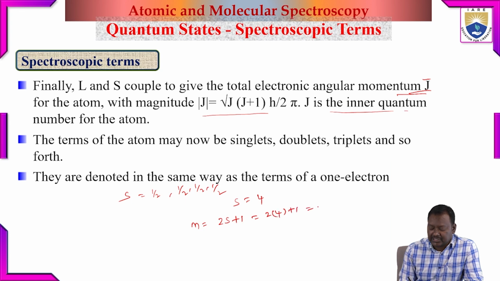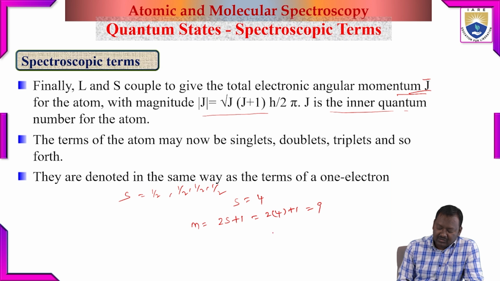Then the multiplicity becomes 9. So that means 9 individual terms are available for that particular atom.